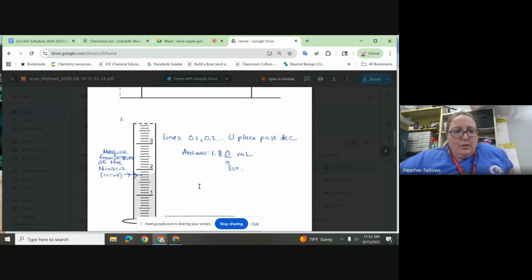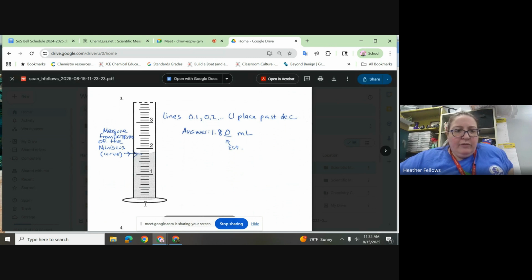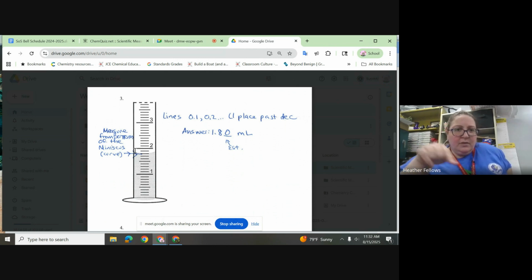And then 3. So this is definitely a liquid in a graduated cylinder. So you can see the markings here. And then you take your measurement from the bottom of the meniscus, which is the curve in the tube. The sides are up a little bit because the water or solution with water in it is attracting to the glass.